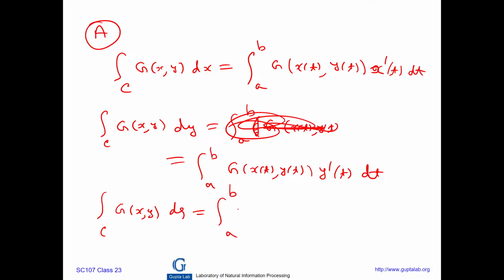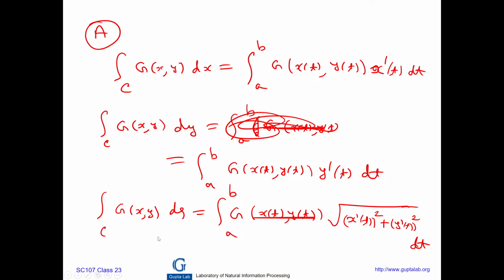These are some simplifications, and quite often used. So here C is given in parametric way, actually x equal to x(t) and y equal to y(t). We can discuss case B later on.